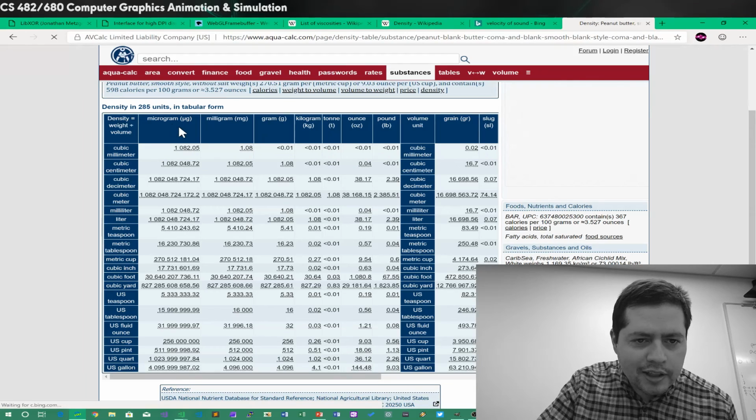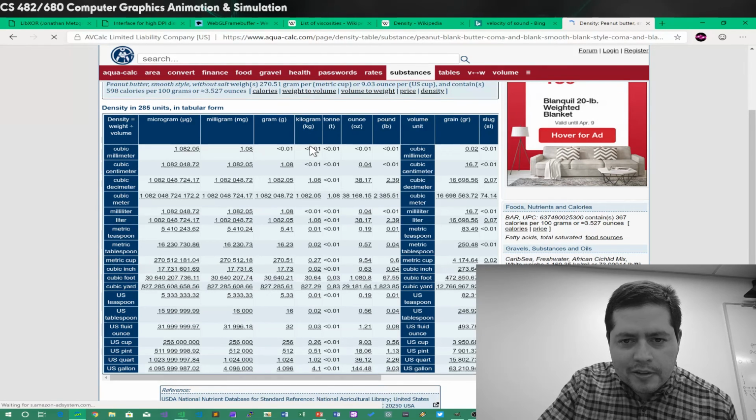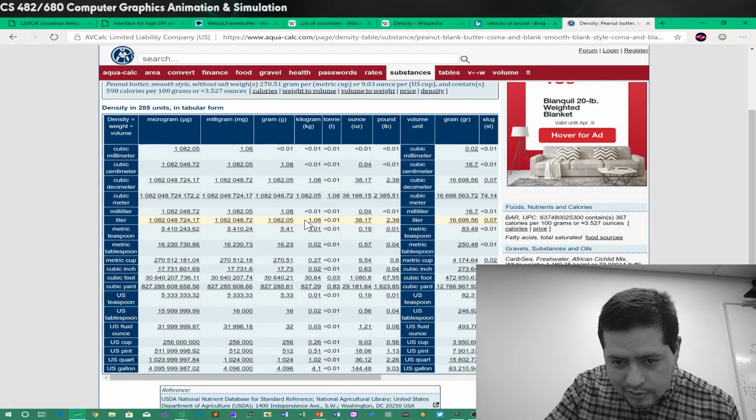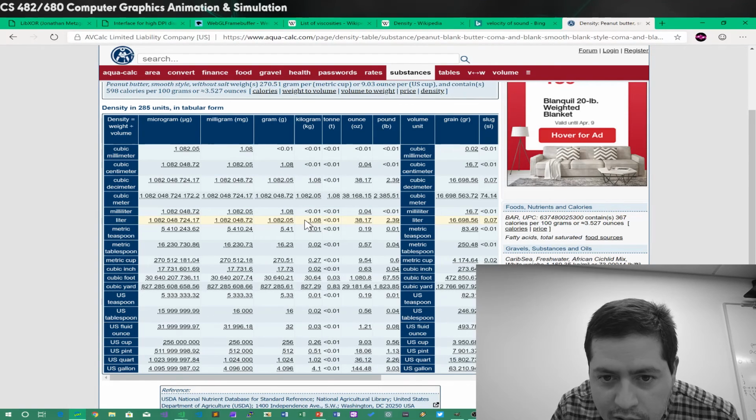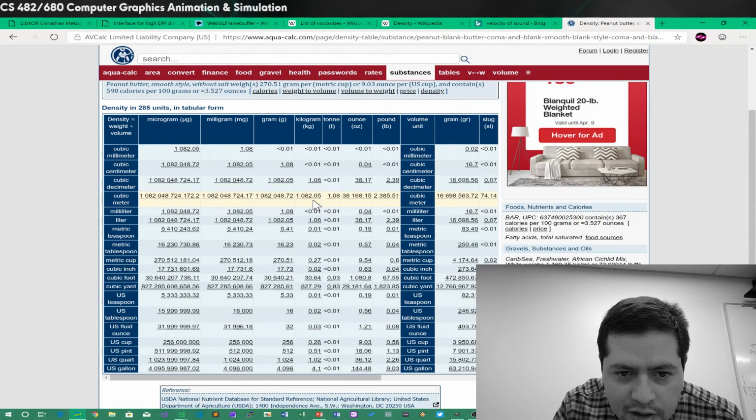Density equals weight divided by volume. We would like kilograms. Okay. Divided by, where is cubic meter? Okay. So we got 1082.